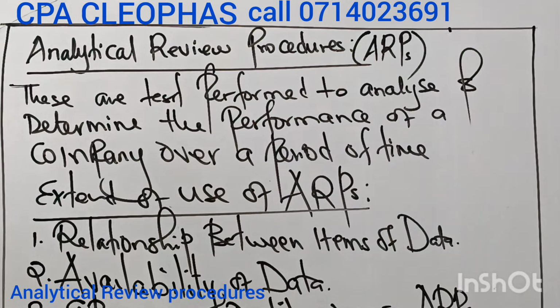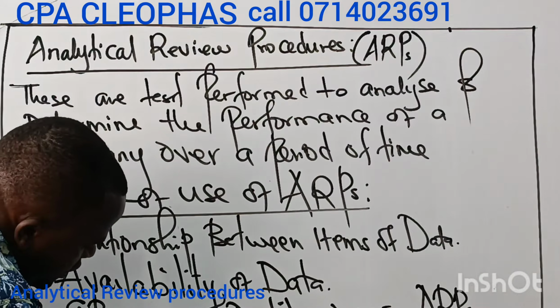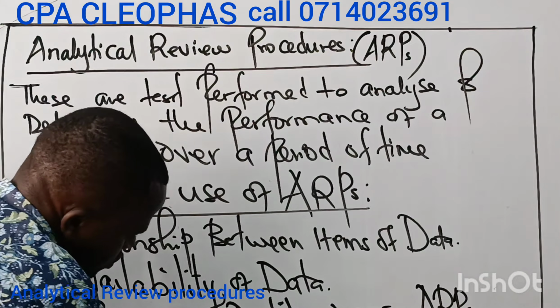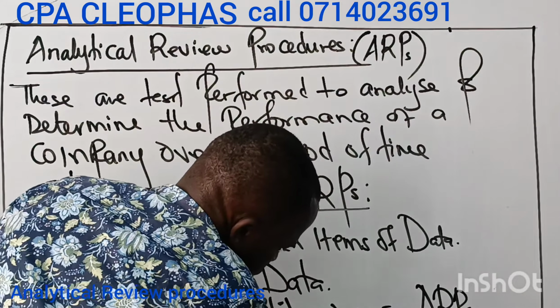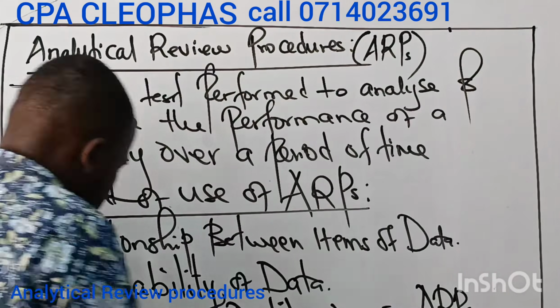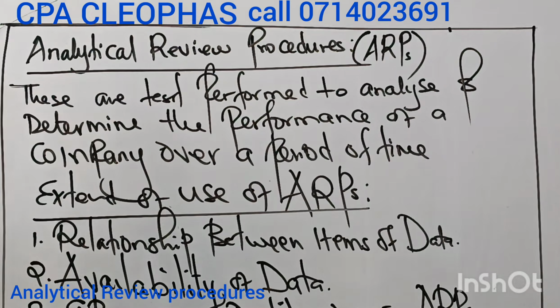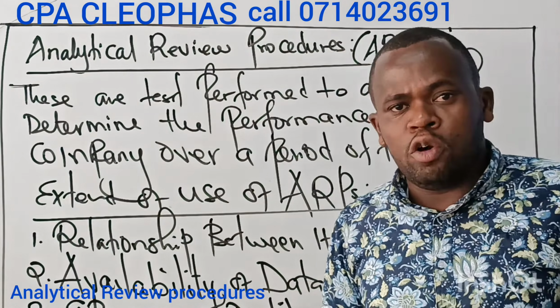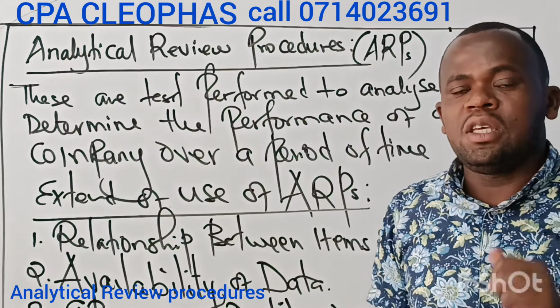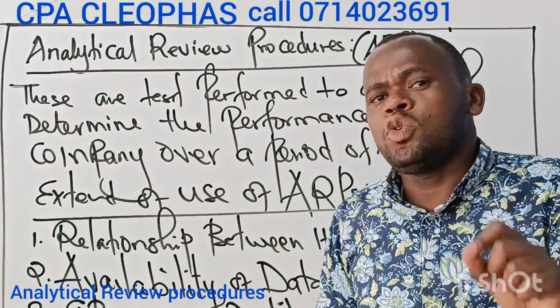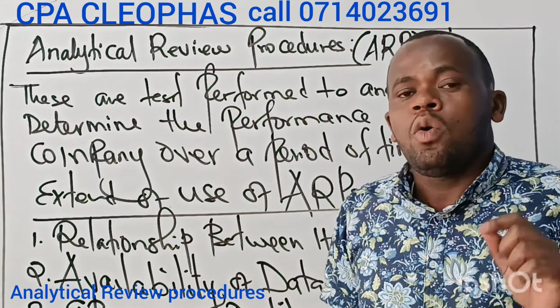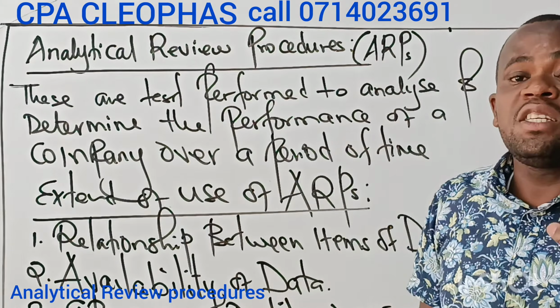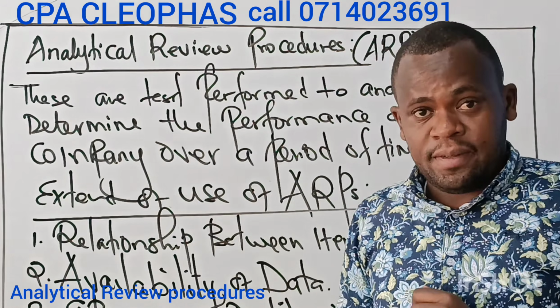Again, we also need to talk of the objective of the audit. It is important to know this. You will use ARPs only where the objective of the audit is to express an opinion on whether the financial statements give a true value. You cannot use analytical review procedures where the objective of the audit is detecting errors.